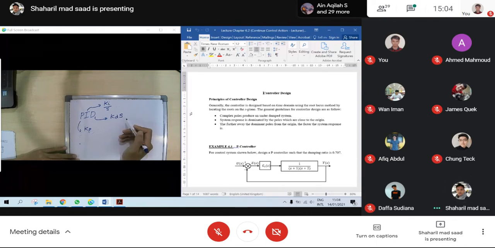So each of them has its own function, right? Their own purpose. For example, the Kp, it depends on our performance, whether we want to get the steady state error almost equal to zero, and you can look at the rise time.